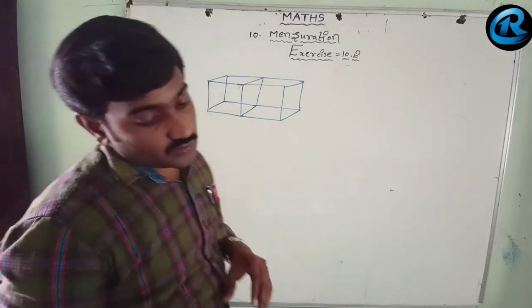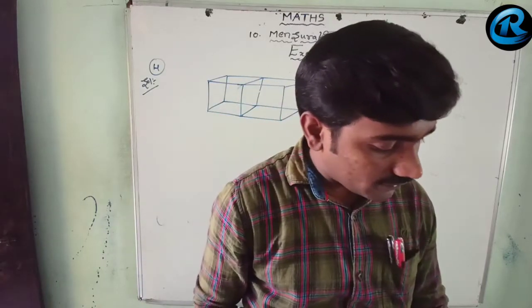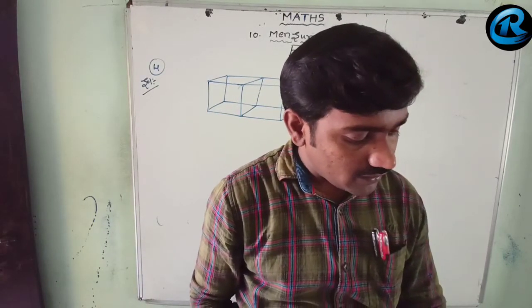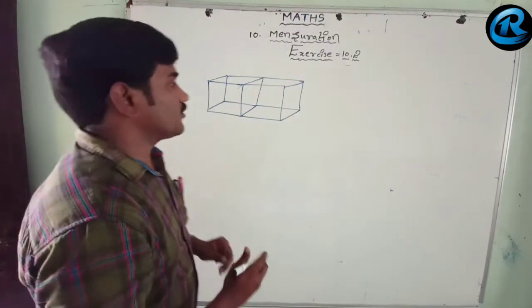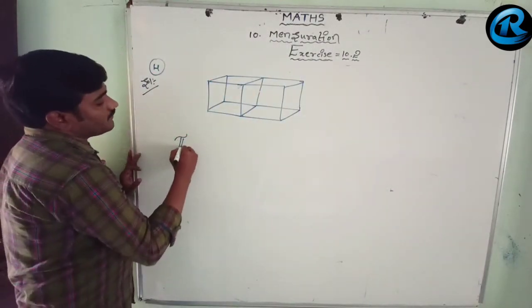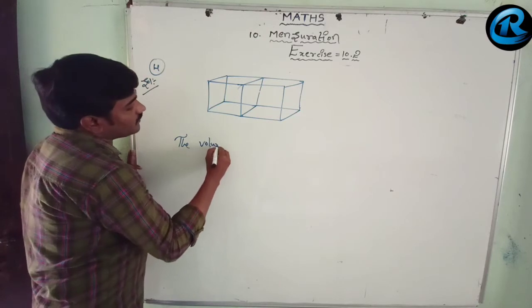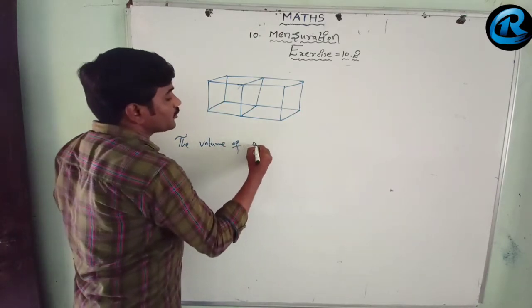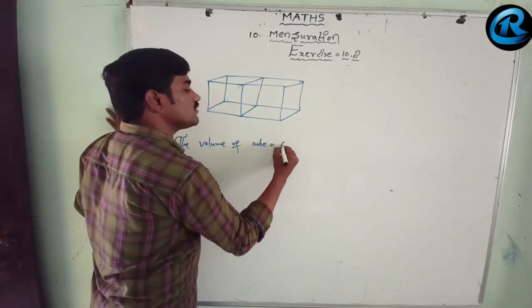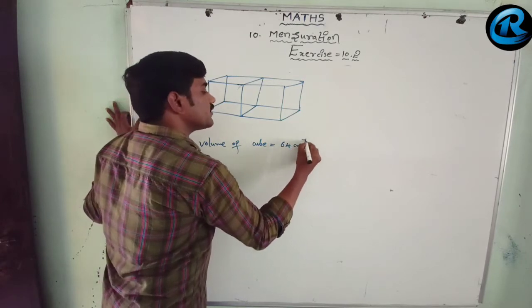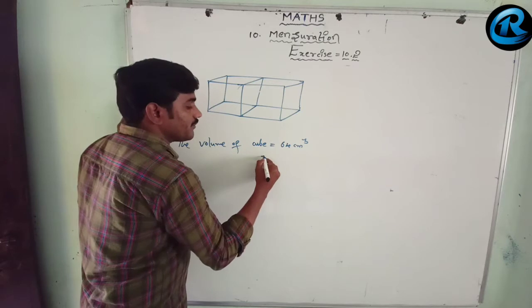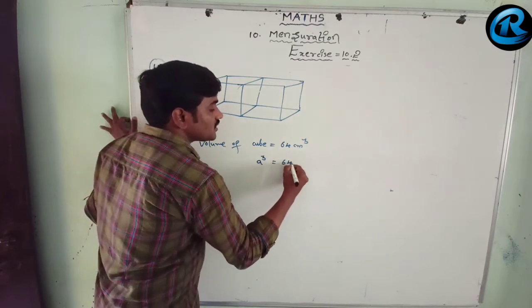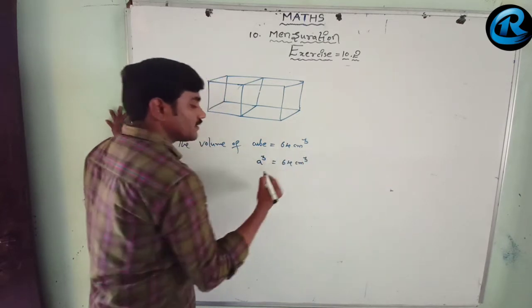As given in the question, each of the two cubes has volume 64 centimeter cube. The volume of the cube is given. Volume of cube formula: a cube equals 64 centimeter cube.